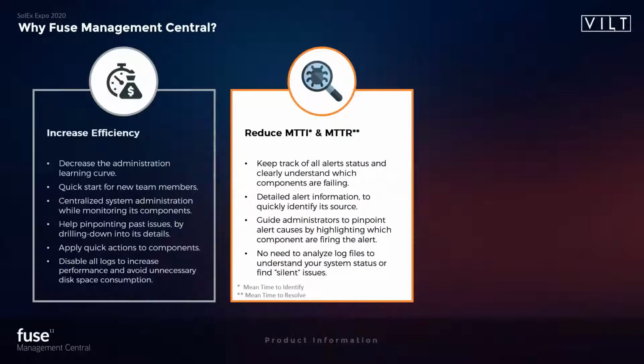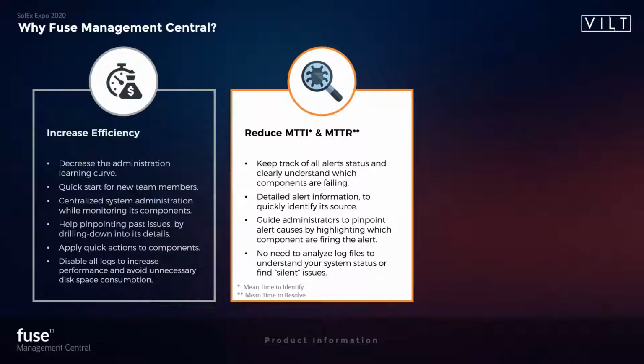The second pillar is about reducing the MTTI and MTTR. I mean, the mean time to identify and the mean time to resolve. And this is important, not only for when you manage this internally, but also when you open tickets with OpenText. So if you better inform the OpenText support with more information, they will also be more prepared to give you a quick answer.